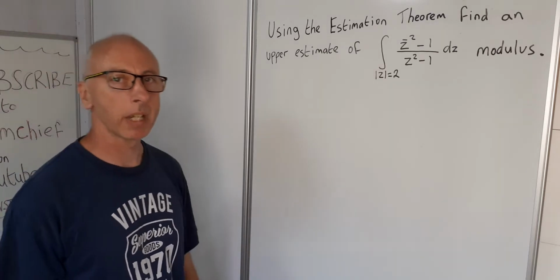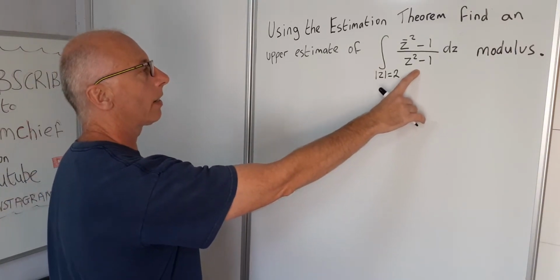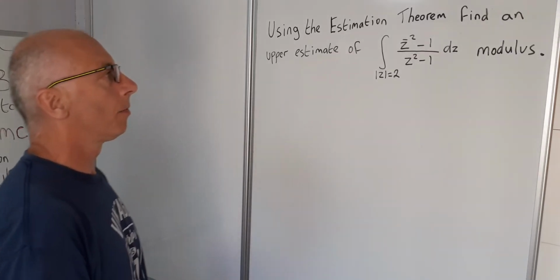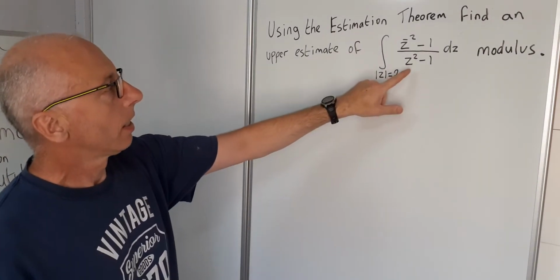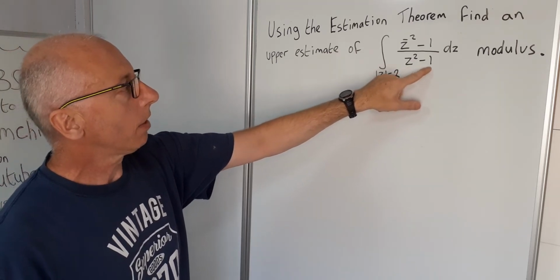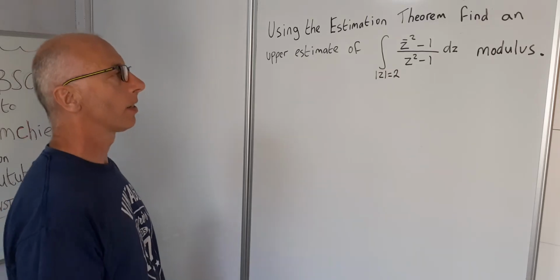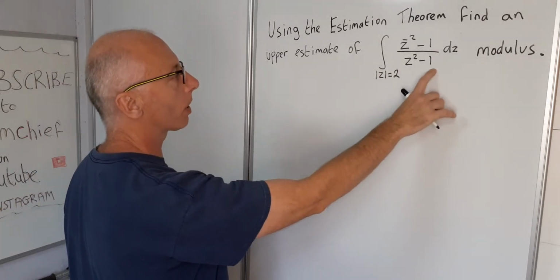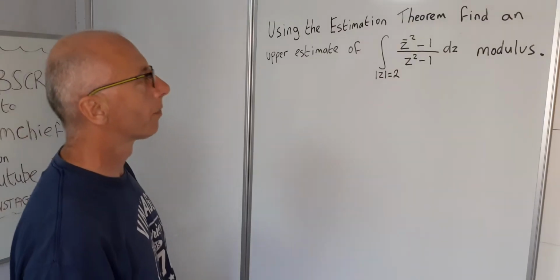To use the estimation theorem, inside this integral the function has to be continuous on its domain. So what we see here in the denominator, we've got z squared minus 1. So we need to eliminate a couple of points on the domain before we can continue with the estimation theorem.